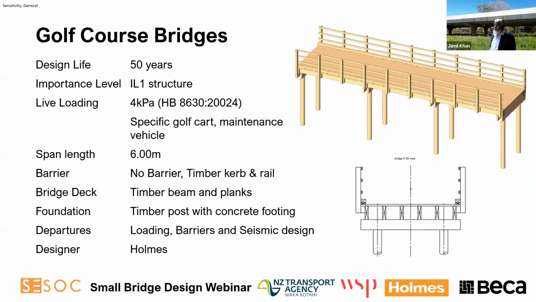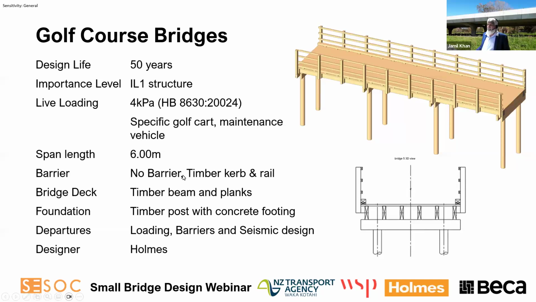The next example we picked is some golf course bridges. This example has a 50-year design life, and again importance level 1. The loading was taken as 4 kPa from HB 8630, and a specific golf cart and maintenance vehicle, and span is 6 meters.